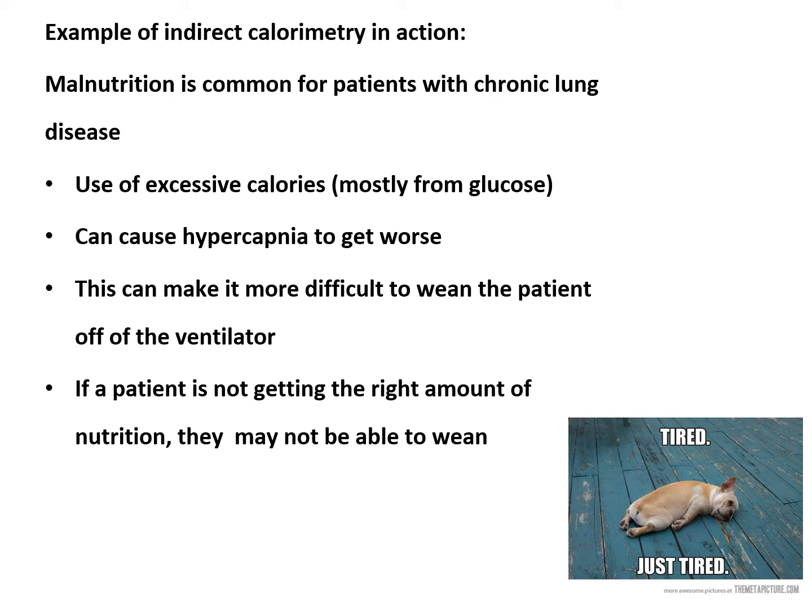Use of excess calories, mainly from glucose, can actually cause hypercapnia to get worse. If they're getting most of their calories from simple carbohydrates, that can lead to increased CO2 production, which makes it more difficult for them to breathe and to get off the ventilator. So we need to make sure that they're getting the proper nutrition so that they can be successfully weaned.